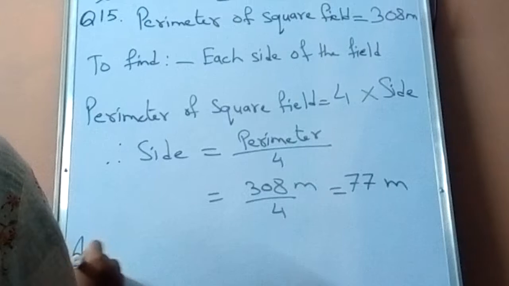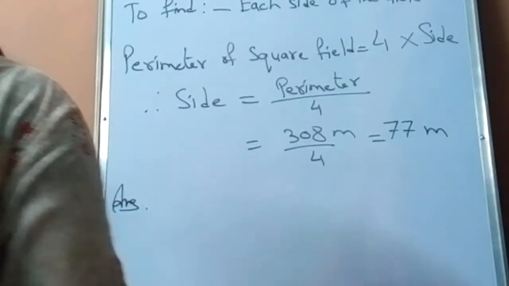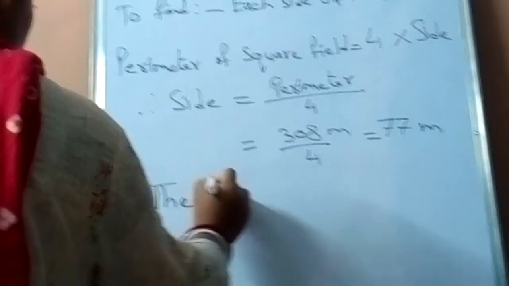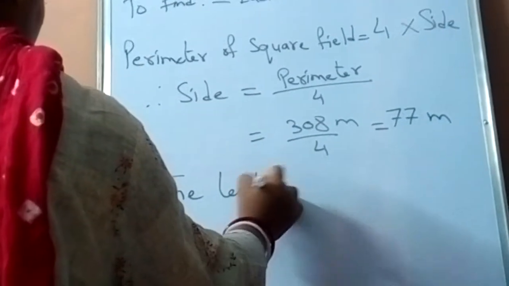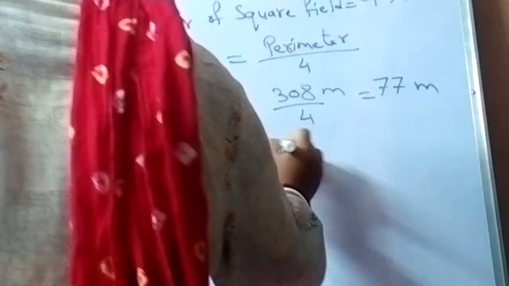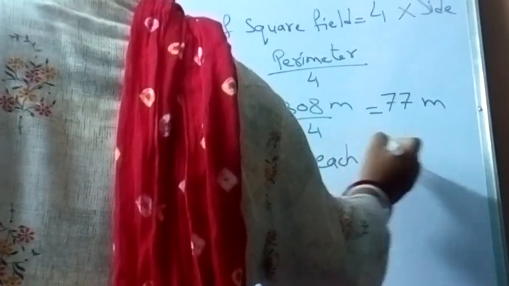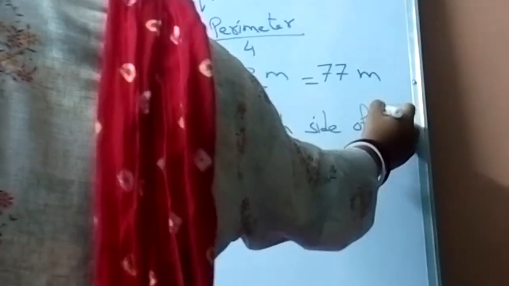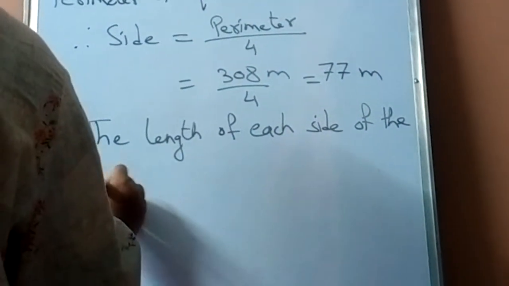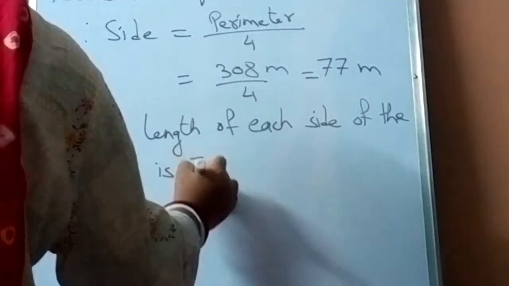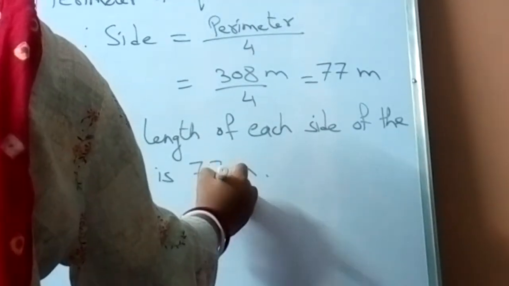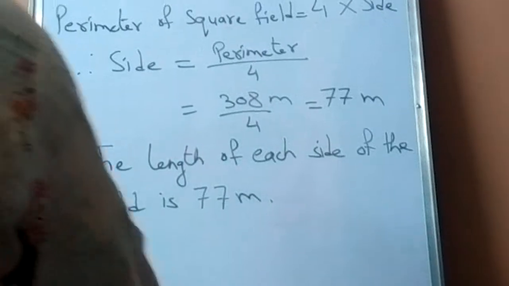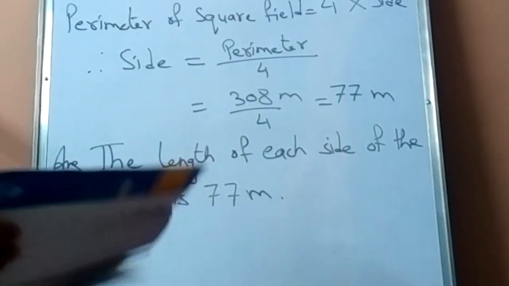So the answer will be the length of each side of the field is 77 meter. Okay, so this is the last question of this exercise.